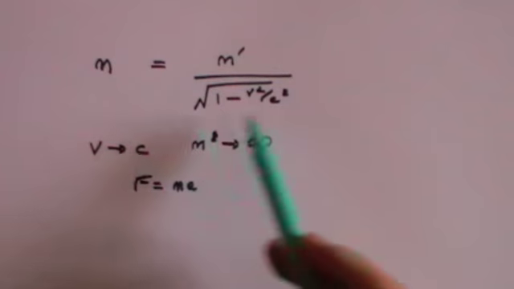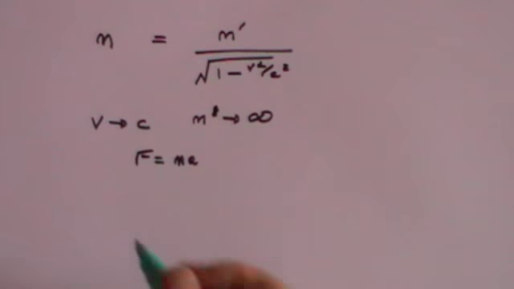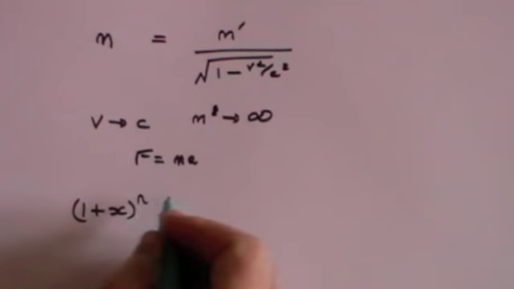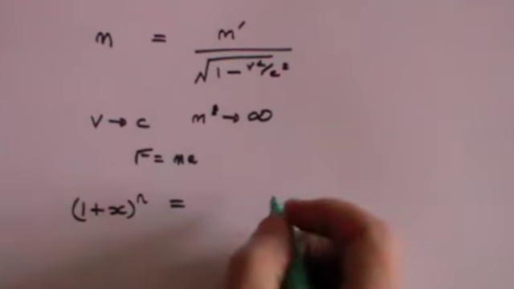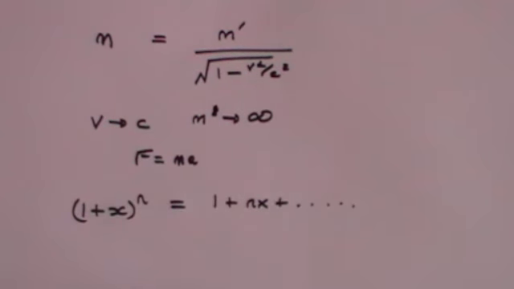Now we can take this term here and we can subject it to what's called a binomial expansion. Now what binomial expansions basically say is that if you've got a term 1 plus x to the power n, that will equal 1 plus nx plus some other terms which under certain circumstances you can largely ignore because they are very small.